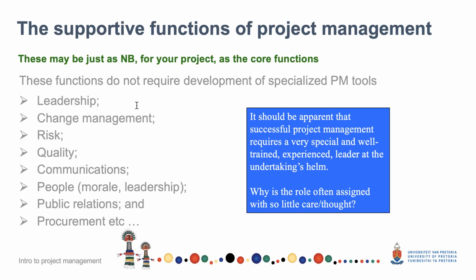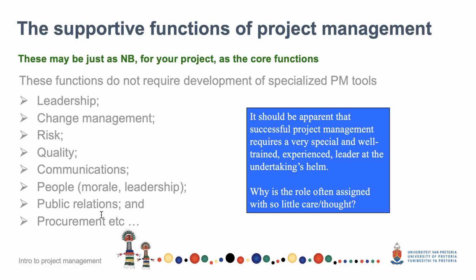So here are some of the other aspects of your project which are not core. They're so-called supportive functions because they don't require special PMBOK tools. You'll see they're all important. Leadership. Of course, you need excellent leadership. Change management, risk, quality, and so on. And there are probably others as well.